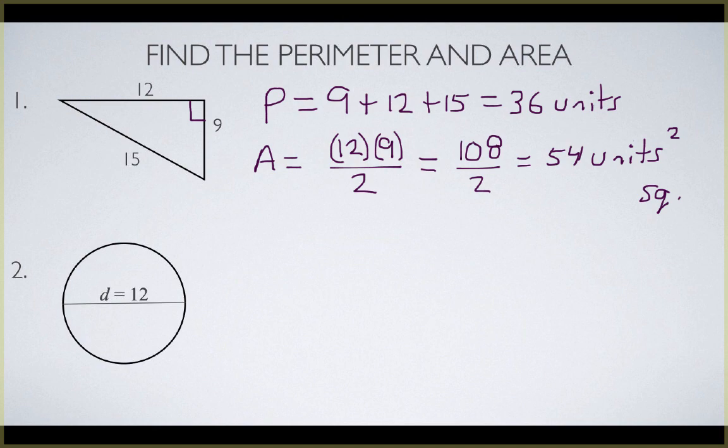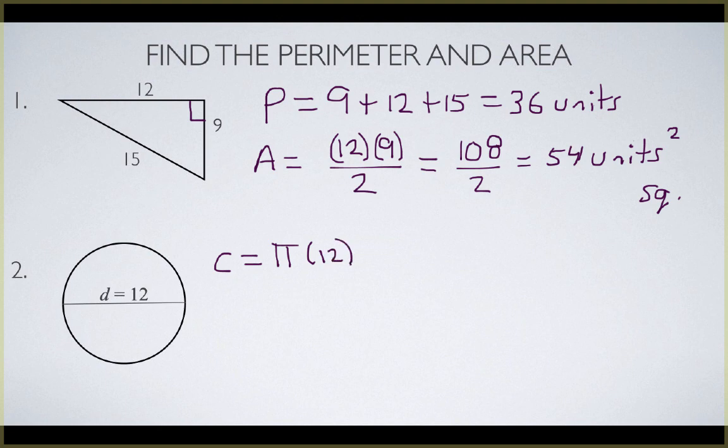So the next thing we have is a circle for number 2. First we'll look at the perimeter. If you recall, our perimeter is our circumference. So our circumference in this case is pi times the diameter, which is given, so pi times 12.